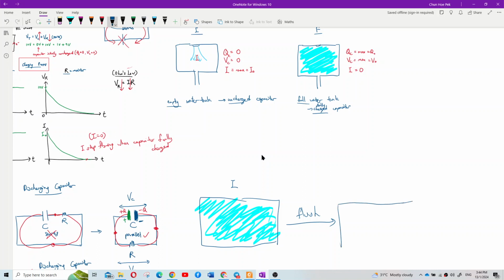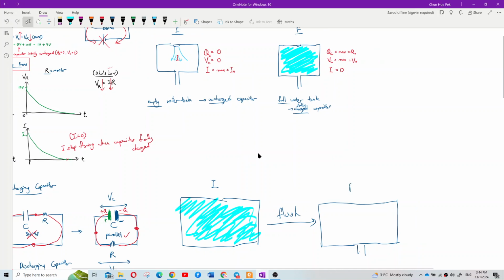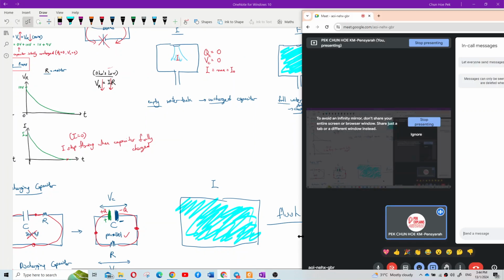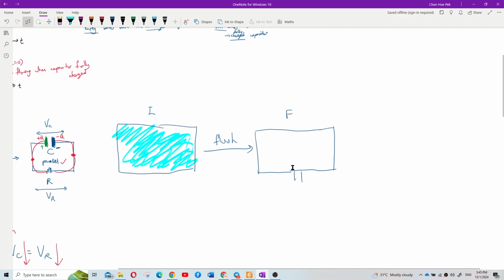Kita selalu mengamalkan kebersihan. Kita flush. So apa berlaku bila flush, kelas? Air keluar, betul tak? Air keluar bila kita flush.